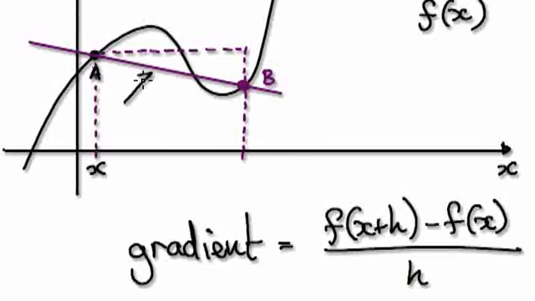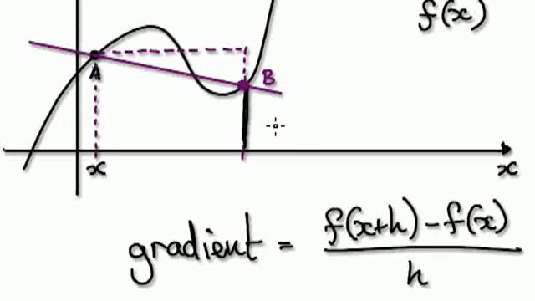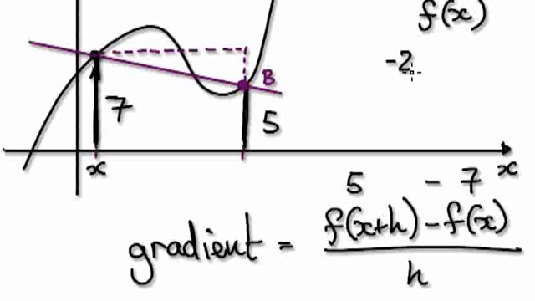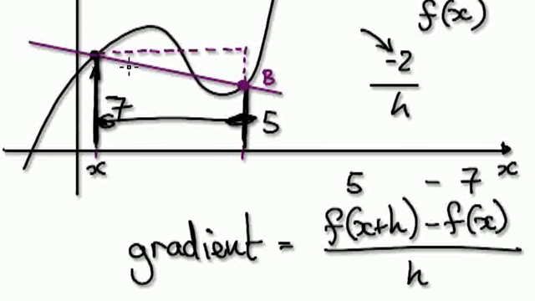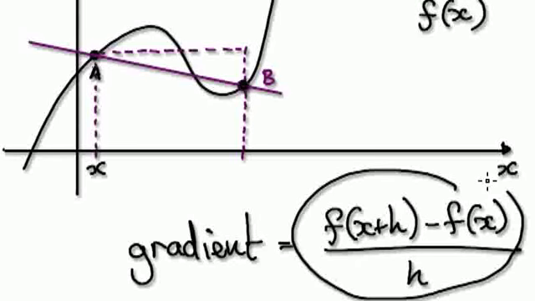But we still need to find the gradient of this line, which will be this height take away this height. Say this height is 5 and this height is 7 because it's slightly taller. Then 5 take away 7 gives you -2, and then you divide by this distance, h. Notice that because of this minus, it's a negative gradient. My point is that even though it's down here, this whole thing will still work.